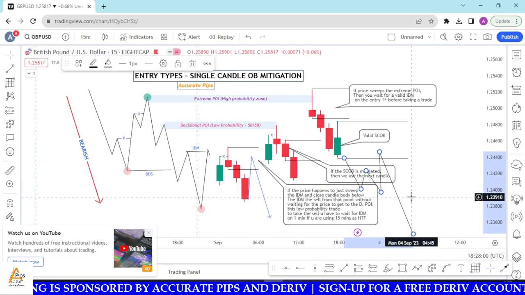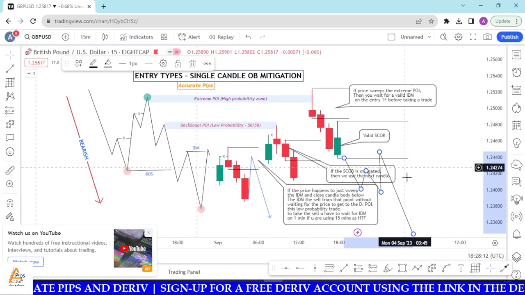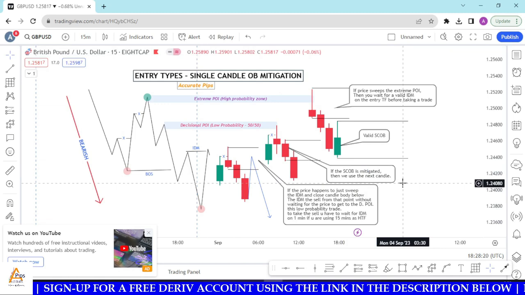But if there's no inducement and still price just sweeps the liquidity, then you can still enter the trade, but you should be aware that that is a low probability setup. All right, okay, so I think these are the key things you need to know about single candle order blocks.